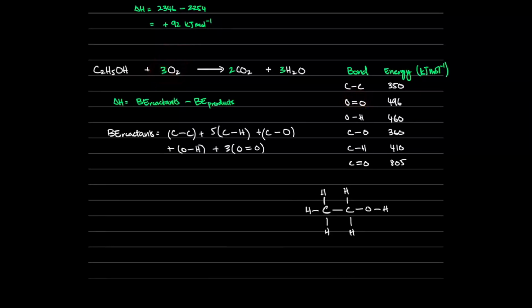All right. So reactants की क्या आ रही है bond energy? Carbon carbon is 350. You have 5 CH bonds, which is 5 times 410. Then you have one CO bond, which is 360, right? Single bond O. You have one OH bond, which is 460.